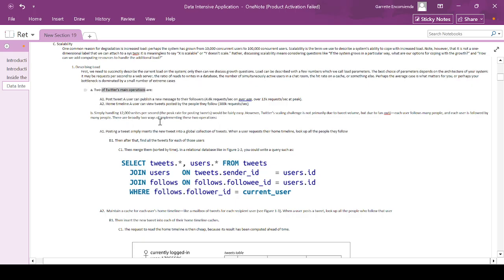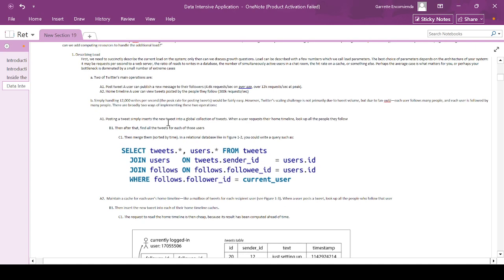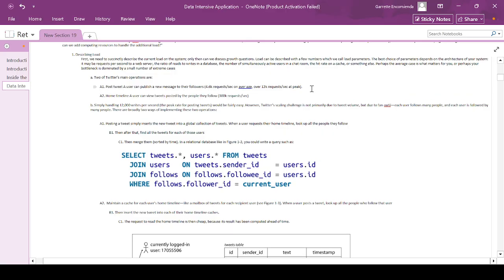An example is Twitter. Two of Twitter's main operations are: first, post tweet, where a user can publish a new message. If you are just a startup or doing your thesis, this really doesn't apply.